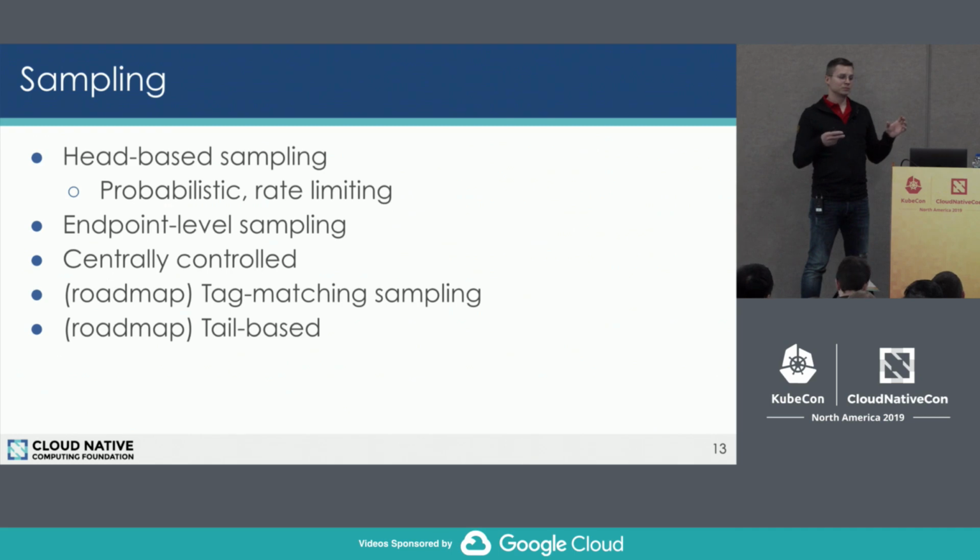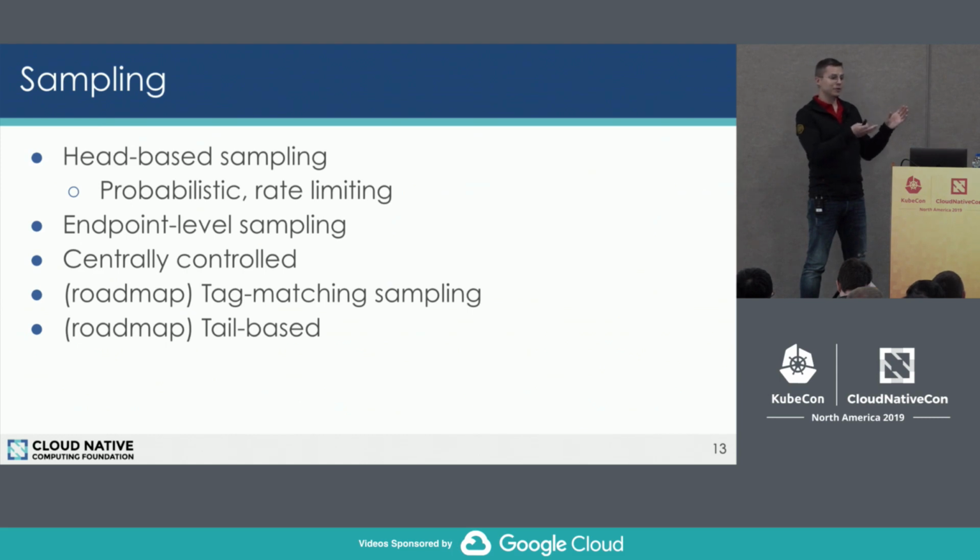For example, there is a probabilistic sampler which says, I want to store only 1% of all traces. Then there is rate limiting, where you say, I want to store only 10 traces per second. This is all per service, so you can configure it in the service. But sometimes the service has multiple endpoints, and these endpoints have different traffic patterns.